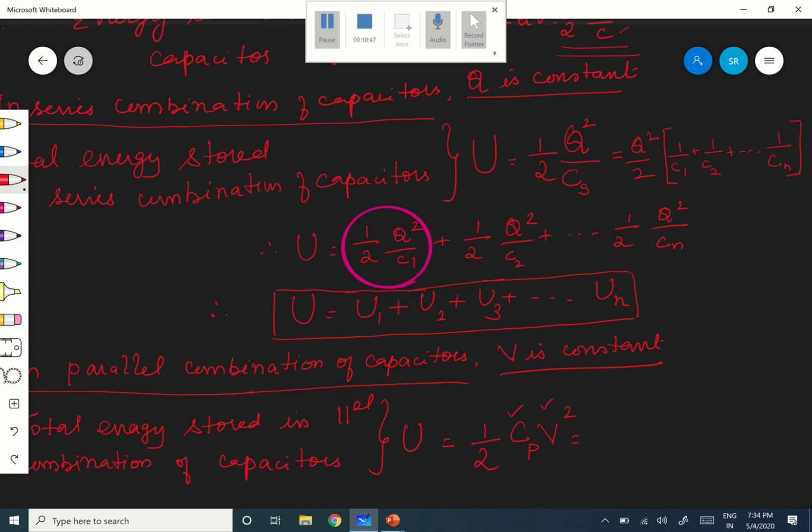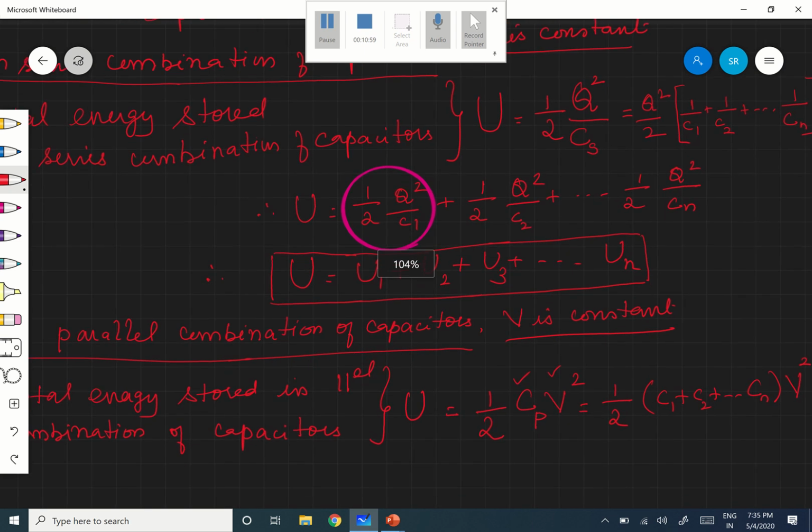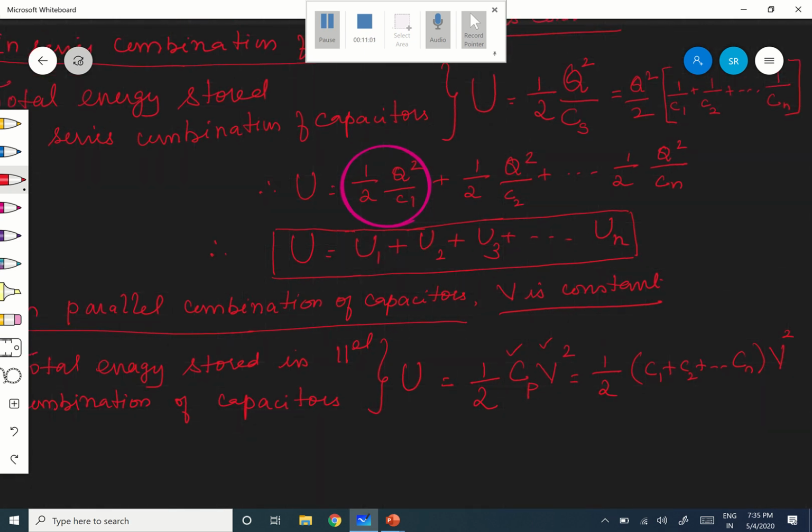Therefore, half, and CP is C1 plus C2 plus etc. Cn, times V squared. Therefore, U is equal to half C1 V squared plus half C2 V squared plus etc. half Cn V squared.